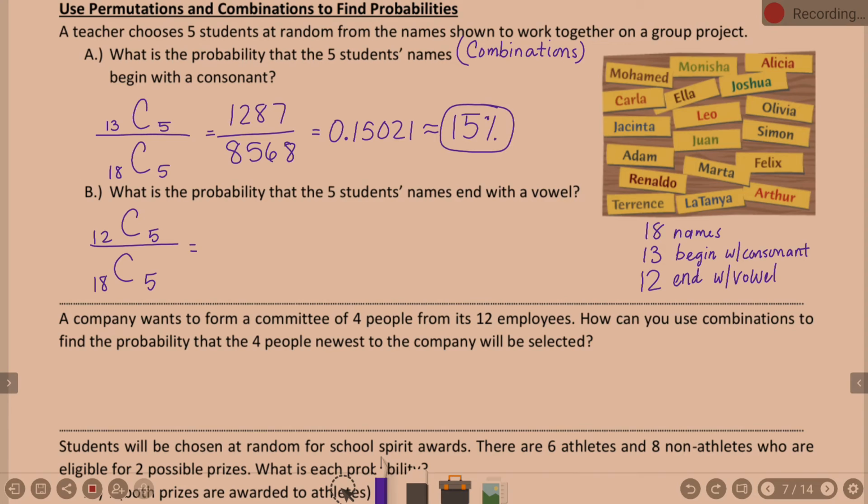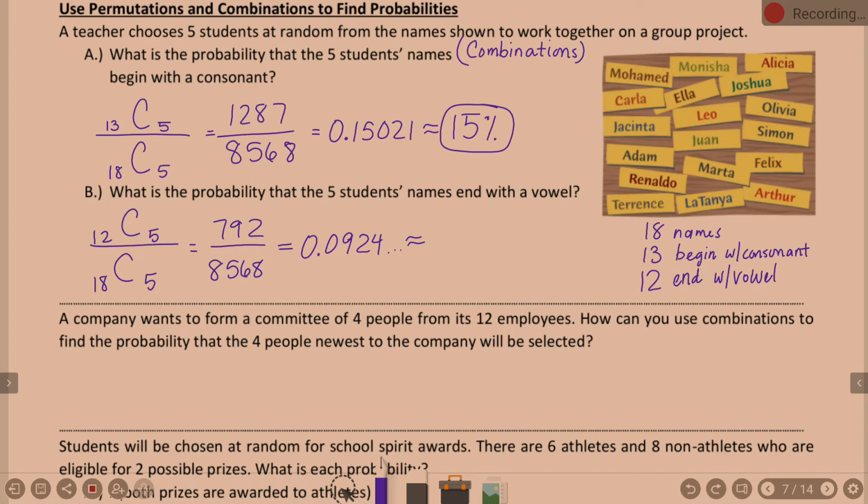Okay, what do you got? 792 is my top number. Bottom number is still 8,568. The decimal is 0.0 something, 9243, and so on.